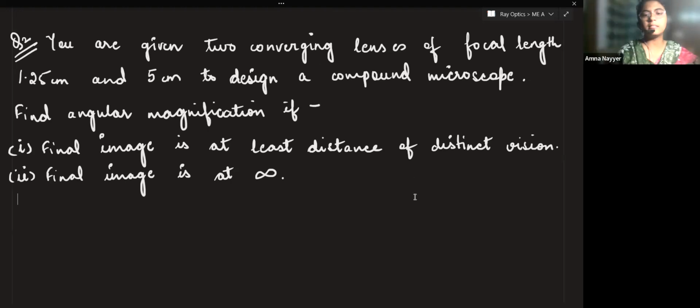For the simple microscope, I'm asking. I have not jumped into the compound microscope.